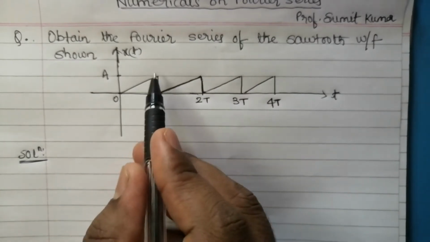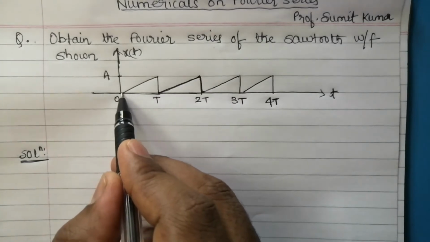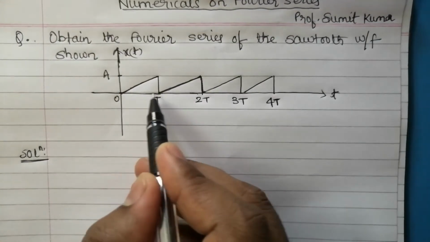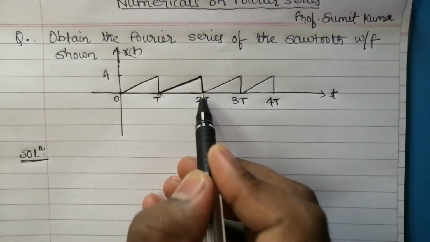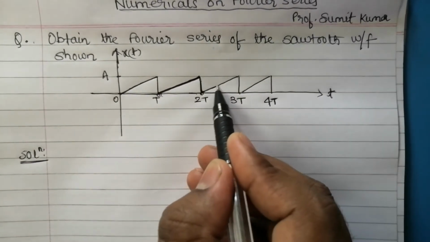In this given waveform you can see that the waveform is like a straight line from 0 to T, and at T again, from T to 2T it is like this, again from 2T to 3T it is like this.